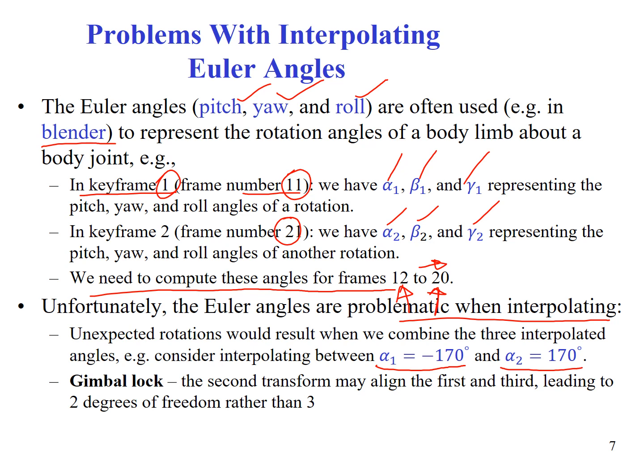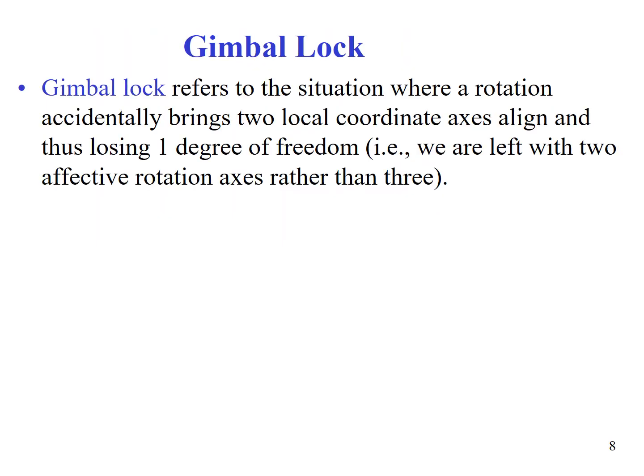This type of problem is called a Gimbal lock problem. The second transform may align the first and the third, leading to 2 degrees of freedom rather than 3. Gimbal lock is a situation where a rotation accidentally brings two local coordinate axes into alignment and thus loses 1 degree of freedom.